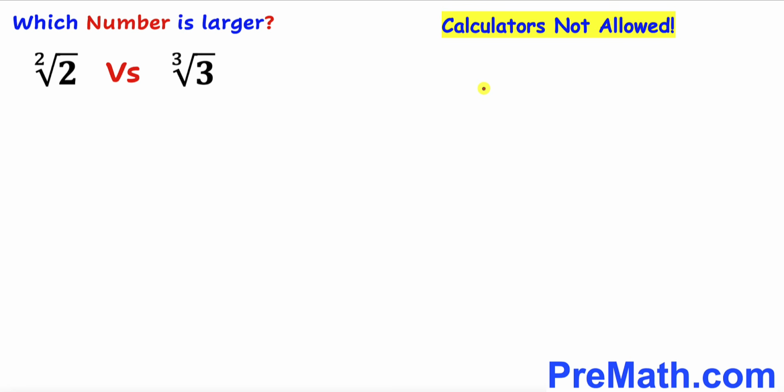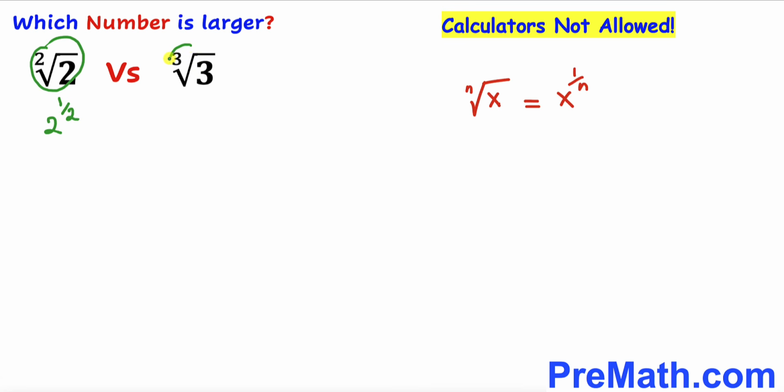Whenever we have the radical of x with the index n, this is our radical notation, and it can be written as x power 1 divided by n. This is our exponential notation. Therefore this number can be written as 2 power 1 divided by 2.